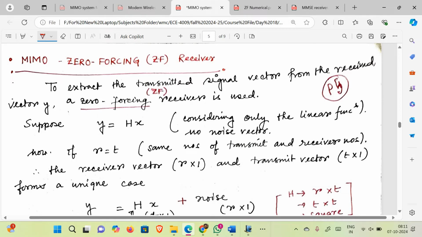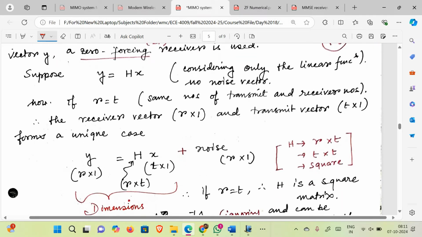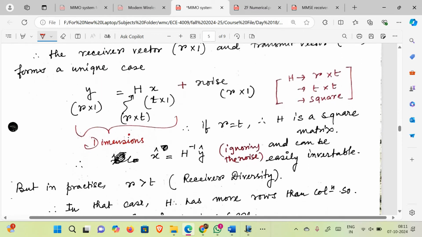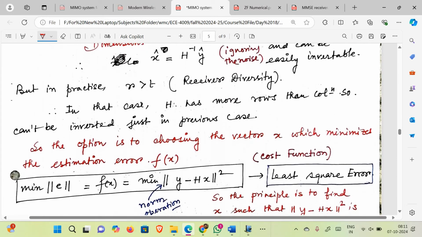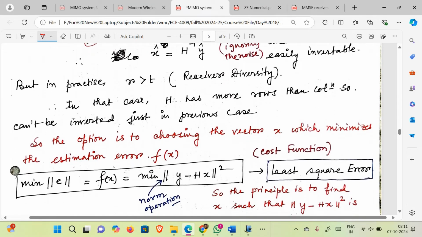Normally for R equals T, or where we have a square matrix, or even a smaller matrix, for example the SISO condition, we don't have much problem in calculating X, since we can take a conventional H inverse and multiply it with the received outcome to find X. But the problem comes in when R is greater than T, or we don't have a square matrix. That is where we come across a problem.